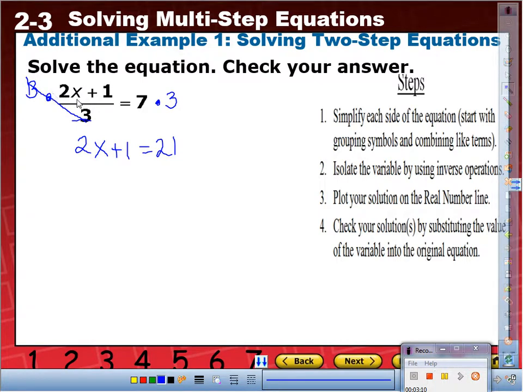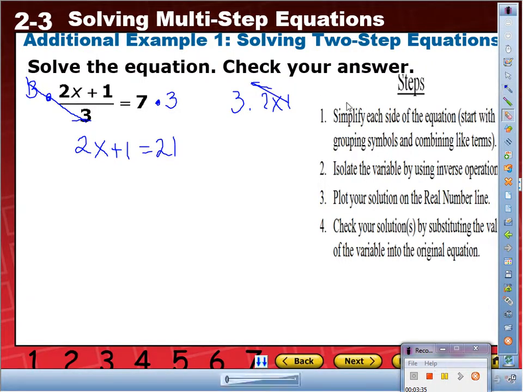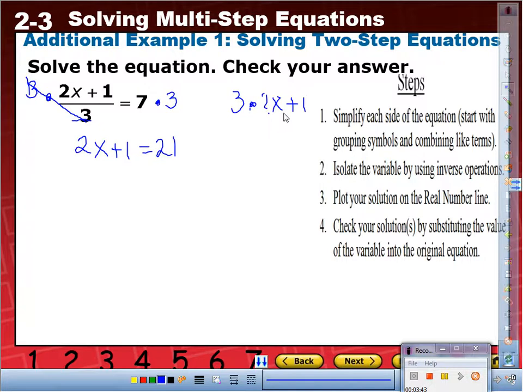Check this out. If I was to write it out, 3 times (2x plus 1) over 3.